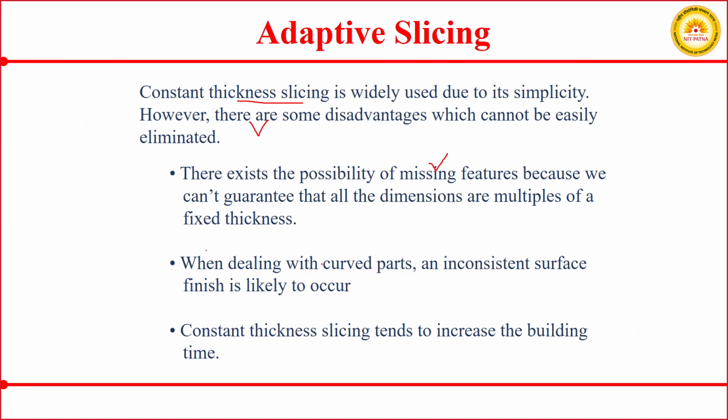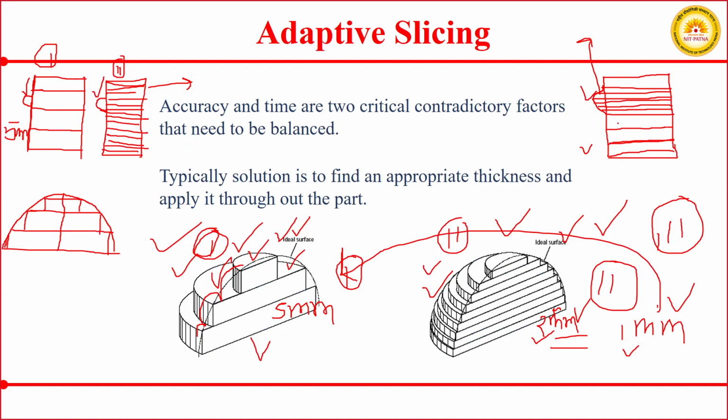When dealing with curved parts, an inconsistent surface finish is likely to appear with constant layer thickness, because if it is too small, your production time will be very high, and if it is too large, you are going to lose the features on your surface.